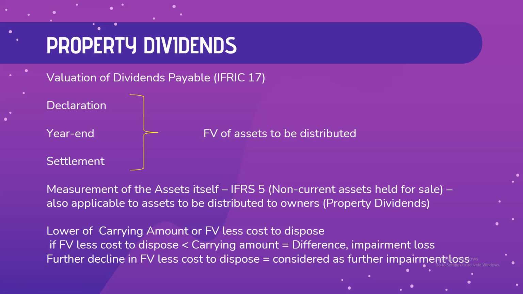For example, say the entity has a car valued at 200,000. But the fair value less cost to dispose, the fair value of that car, is 150,000. Let us repeat: the book value of the car is 200,000, and fair value less cost to dispose is 150,000.